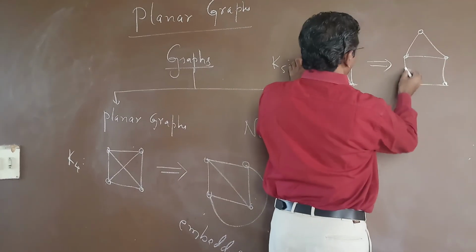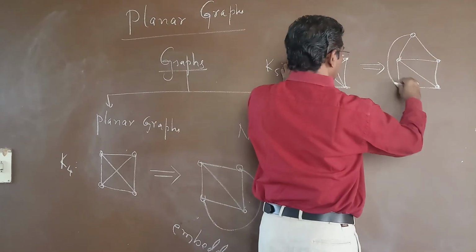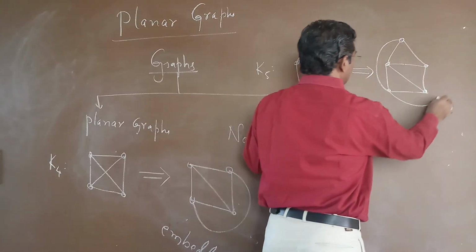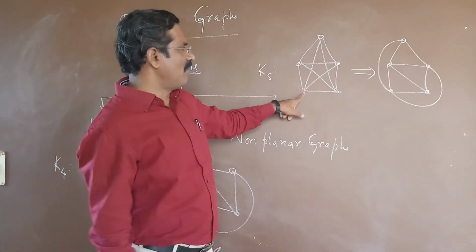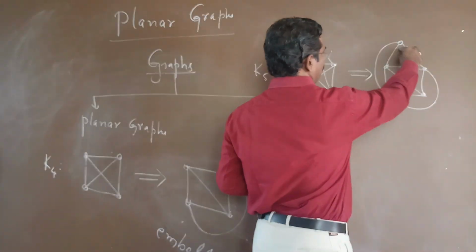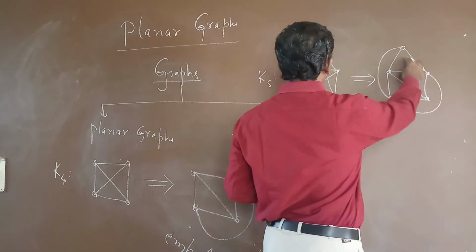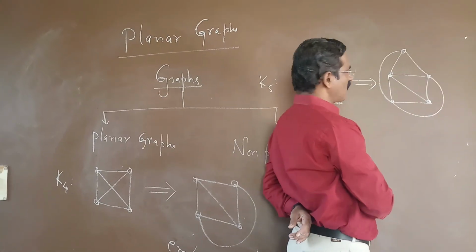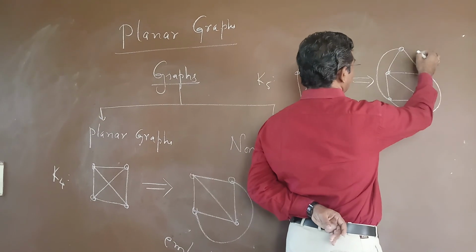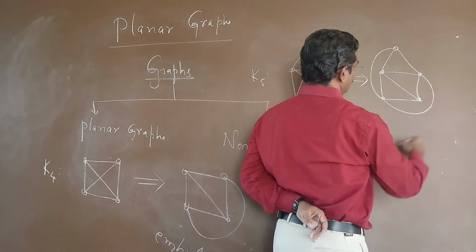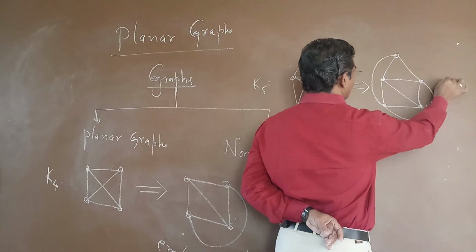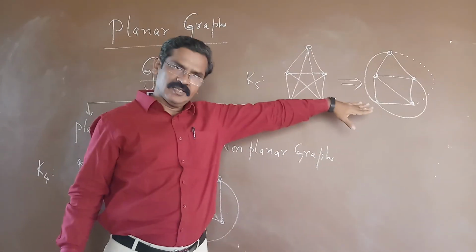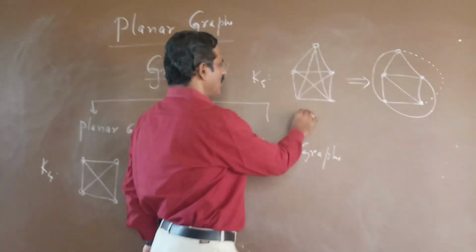Instead of joining this edge, I may redraw in this way. Now, this edge is left out. How to join without the intersection of edges? If I join this, again there is a crossing, so I cannot draw in this way. So it is highly impossible. Even if I try to draw in this way, there is an intersection. So therefore it is not possible to embed on the plane. So therefore K5 is non-planar.